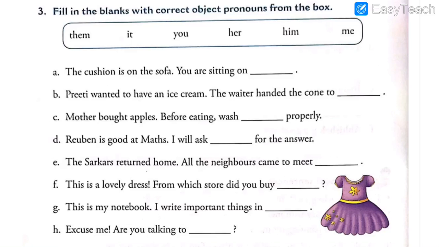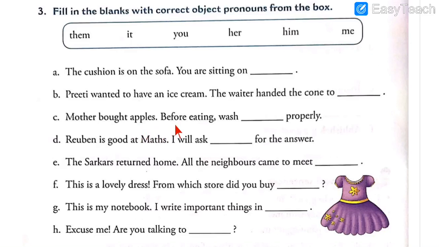Then we had solved exercise number 3. The options were given and you had to fill in the blanks with the correct object pronouns. So the first one we had done was, the cushion is on the sofa, you are sitting on it. Preeti wanted to have an ice cream. The waiter handed the cone to her.